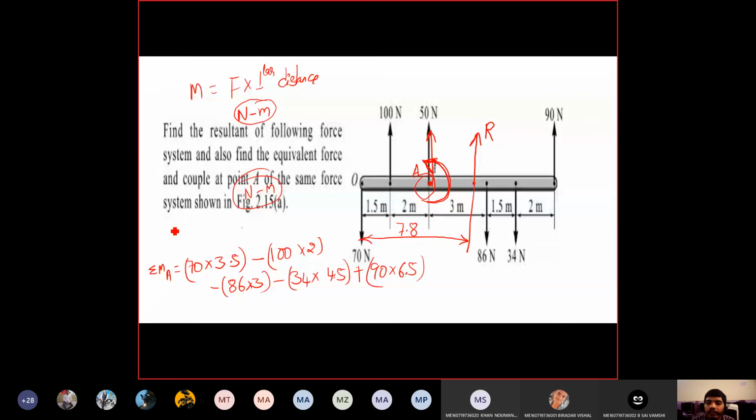Don't forget these things. Suppose the force is given in kilonewton, then you have to write kilonewton meter.